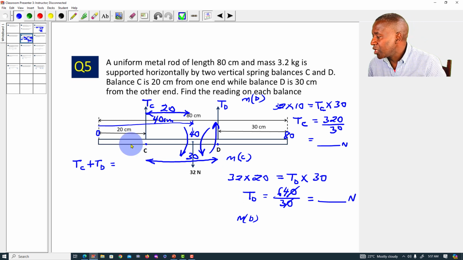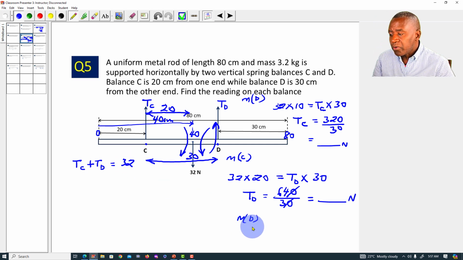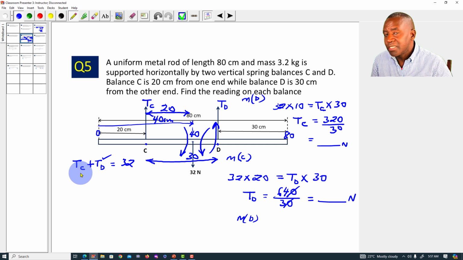So they should be equal to 32. And because you have already obtained a value for TD, it is now possible to work out TC. It's just an alternative method to the method that we have talked about here. So that is how you would work out question 5.